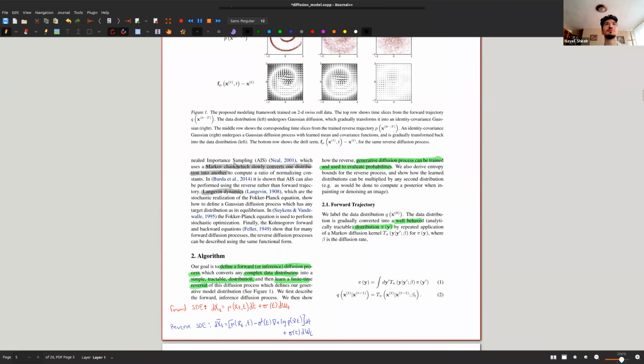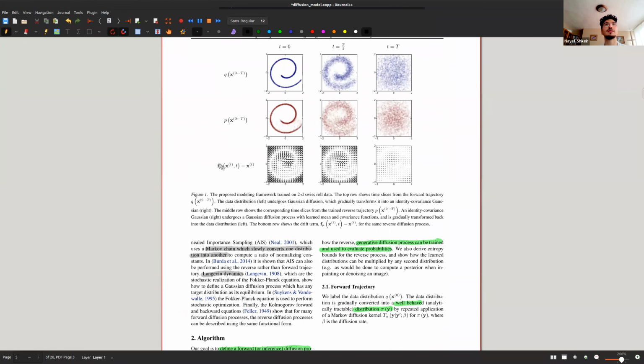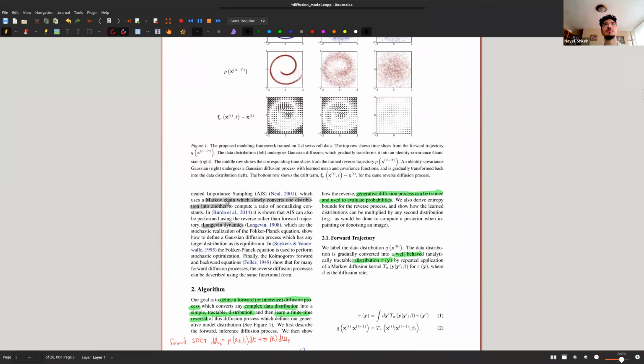Okay, so this is another important part. They use something called annealed importance sampling, which uses a Markov chain to convert one distribution to another. This is important because sometimes you can't use importance sampling, since the distribution you use to predict the distribution you want to know about can be completely different and useless.